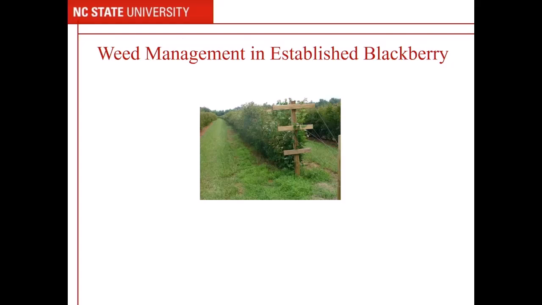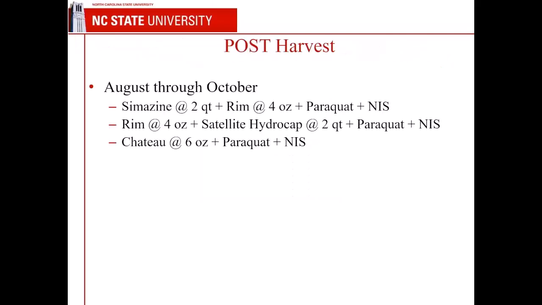In established blackberries, we've got a lot of options, and there's a number of different herbicides registered. What I'm going to talk about here is the things that I like the best. Going in post-harvest, after you've removed those floricanes, putting out a directed application anytime up until October of simazine at 2 quarts plus Rimsulfuron at 4 ounces, a rimsulfuron product, which would be like Matrix, with paraquat is one option.